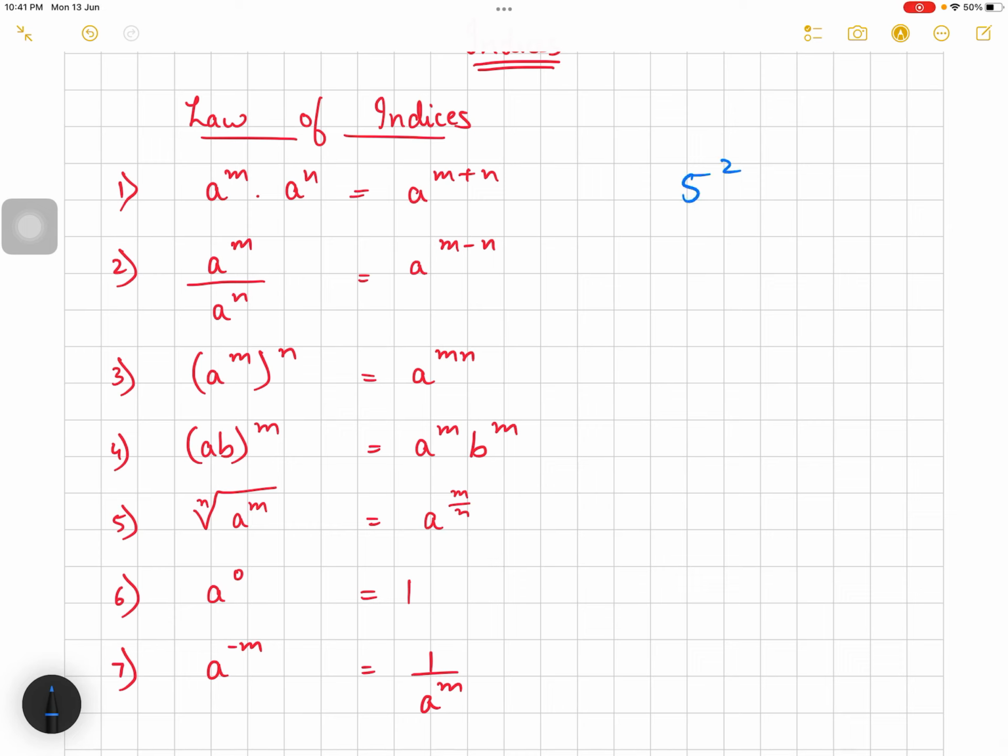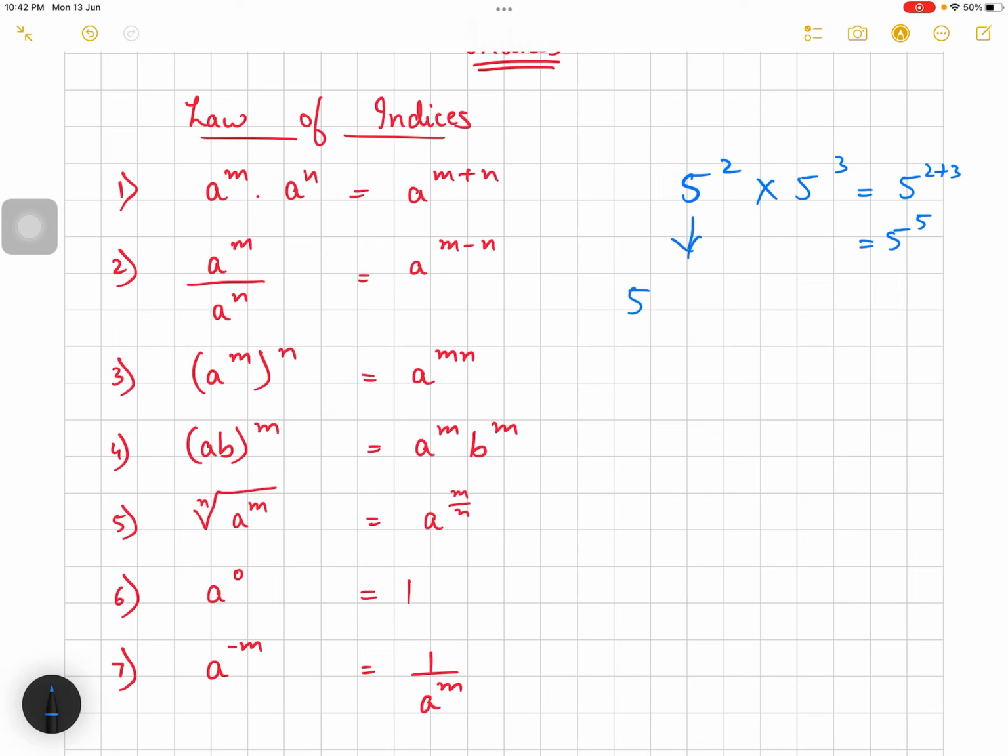So 5 raised to 2 into 5 raised to 3 is equal to 5 raised to 2 plus 3, which is 5 raised to 5. This is what I want to say. Correct? I'll just prove it.